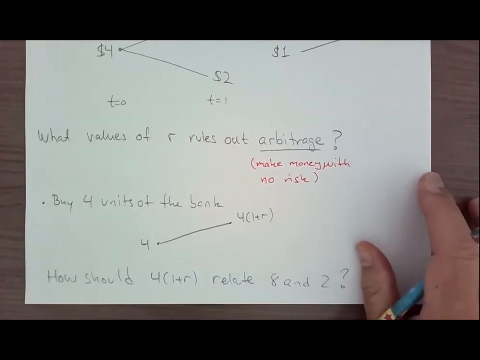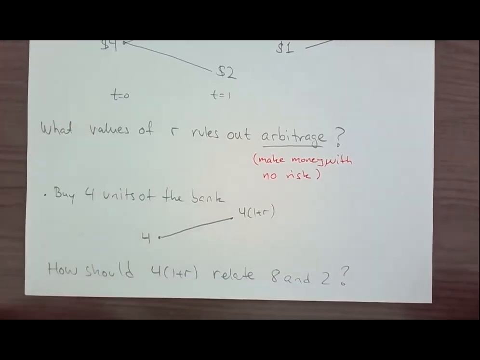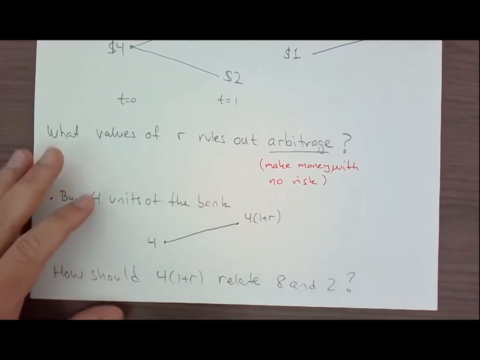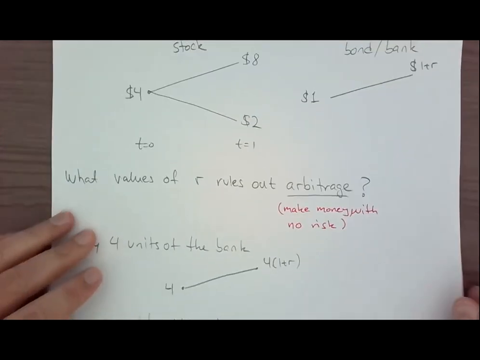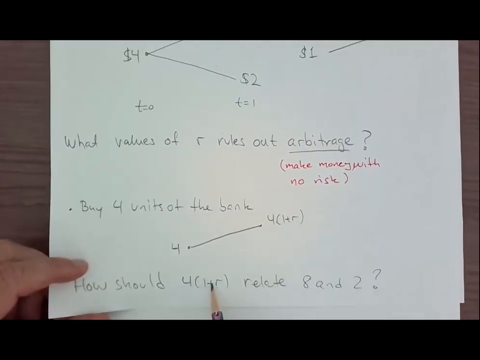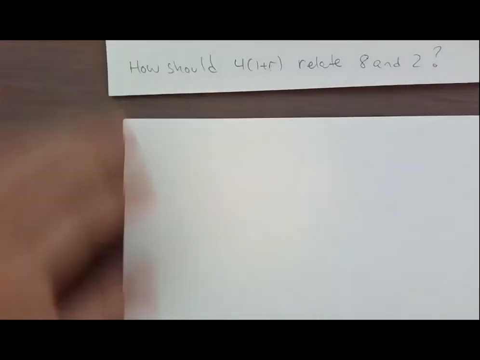Any guesses? Would it be R less than 1? R less than 1. Okay, so this will give me that 4 times 1 plus R is less than 8. Yes, that rules out arbitrage.